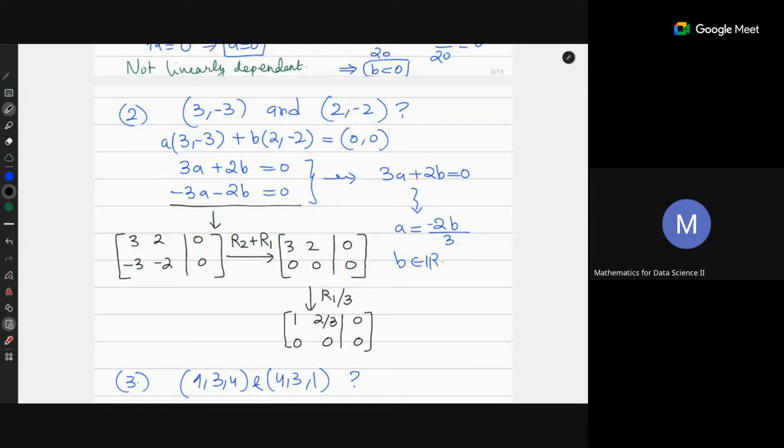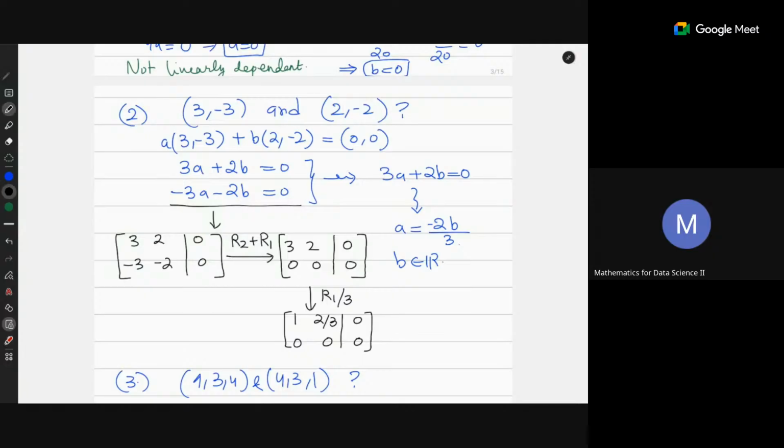All right. So now what you see is, how many leading terms are there? There is only one leading term, and in the second row there is no leading term. So the second variable, corresponding to the second column, is the independent variable.